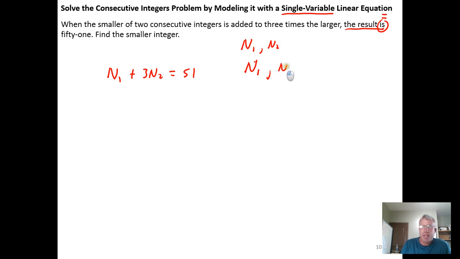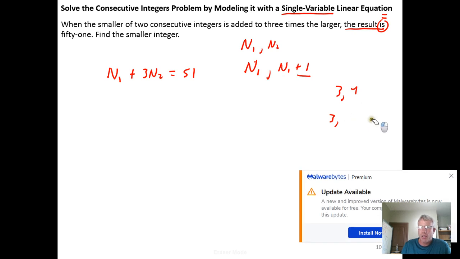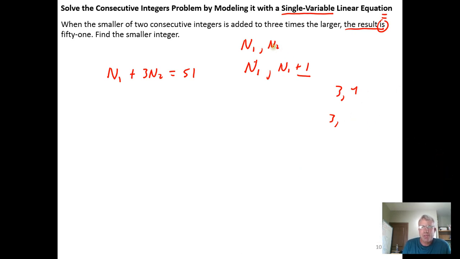So we get n sub 1 plus 1. In other words, if we had 3 and 4, then we could represent the 4 with a 3 plus 1. We could just add 1 to the smaller. So what this means is that n sub 2 is just equal to n sub 1, the smaller integer, plus 1.